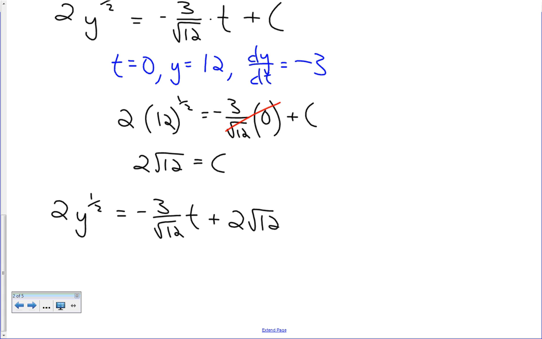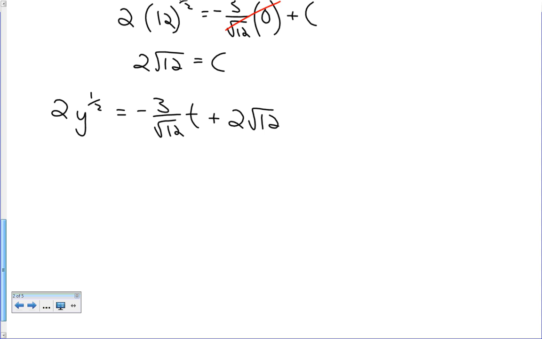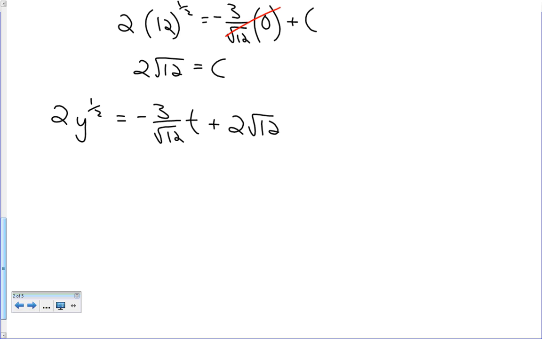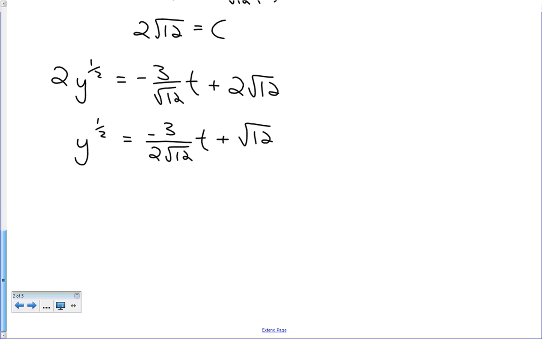Now our goal, remember, is to find out what y is equal to, so we've got a few more steps. I've got to divide by 2 to get rid of the 2. So y to the 1/2 is equal to negative 3 over 2 square roots of 12 times t, plus, when I divide the second term by 2, just the square root of 12. Finally, to get rid of the 1/2 power, we square both sides.